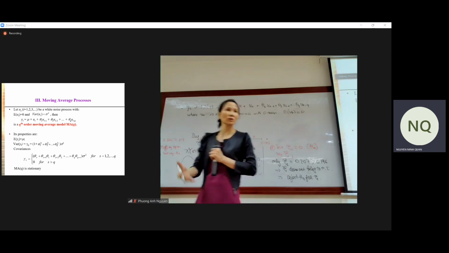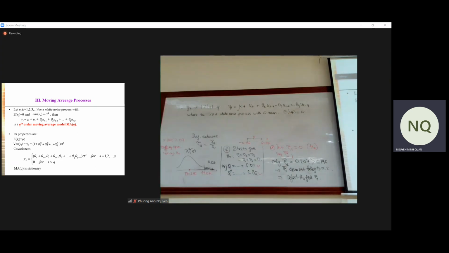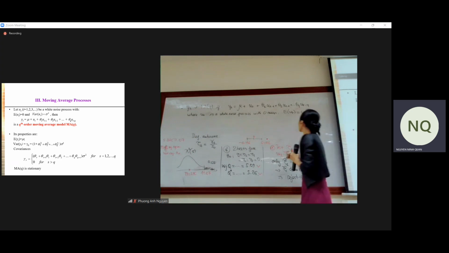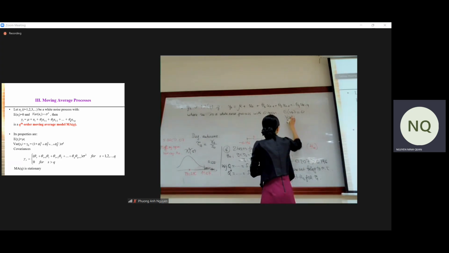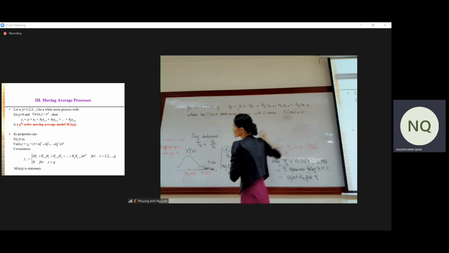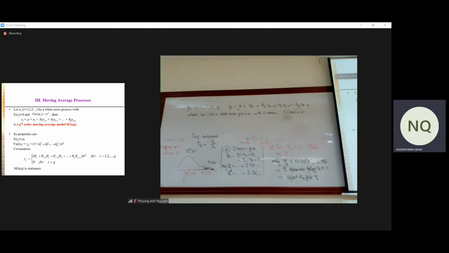For the white noise, the expectation can be a constant; in this case, it's 0, because you have one error term. And the variance, of course, is a constant. You can call it sigma squared, sometimes sigma u. Very often we call the variance of u_t sigma squared or sigma u squared.